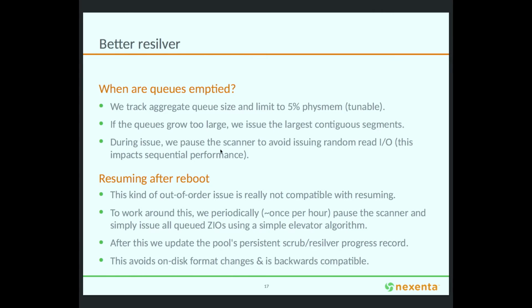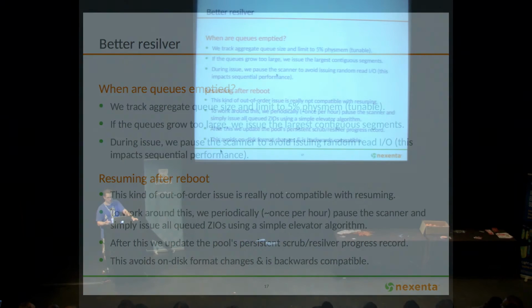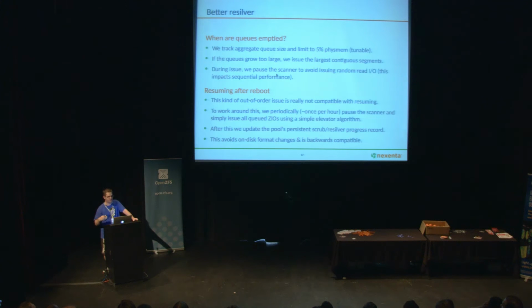And we try to limit it to a reasonable value, although it's tunable. By default, we limit it to 5% of your physical memory. And if the queues grow too large, we'll start to issue your largest extents at the front of the queue. And while issuing the ZIO reads, we'll actually pause the scanner part, because the scanner is essentially doing random read I/O, and it really impacts things if you're trying to do sequential reads.